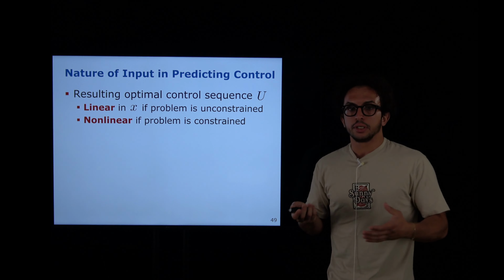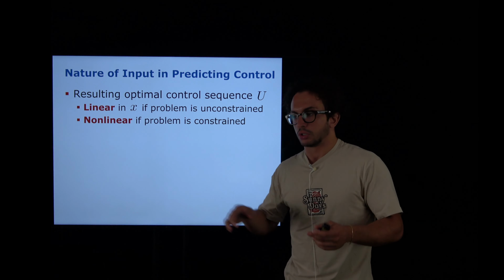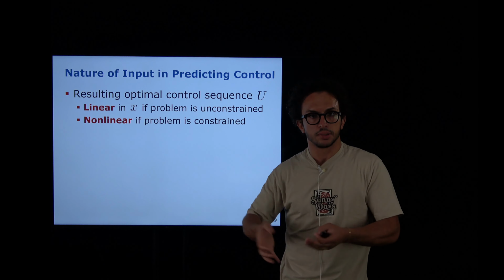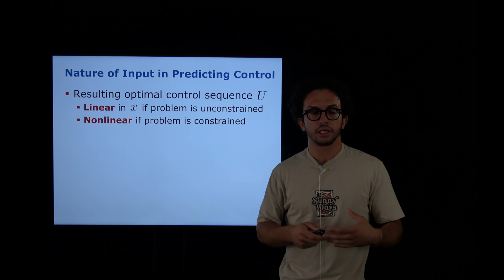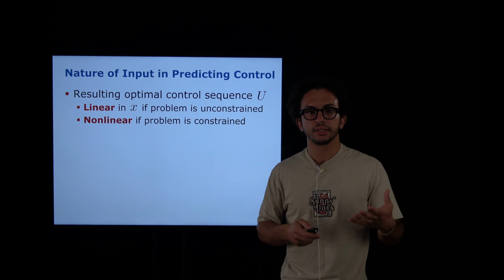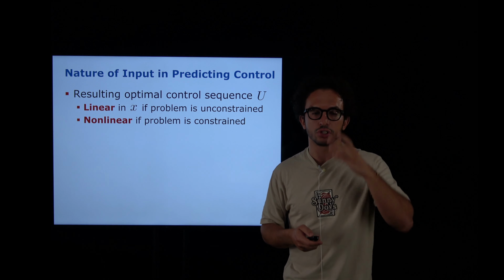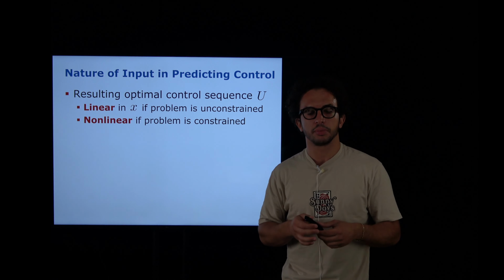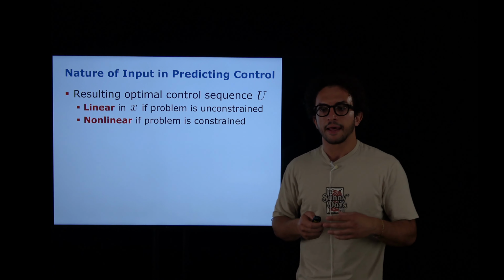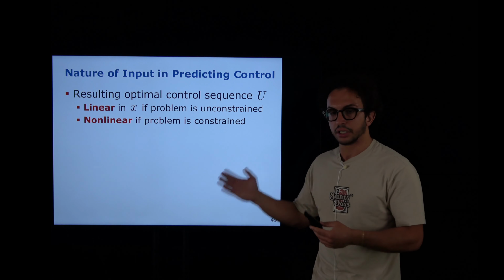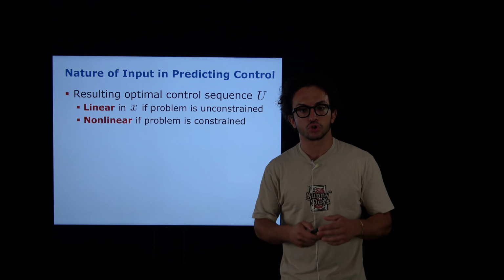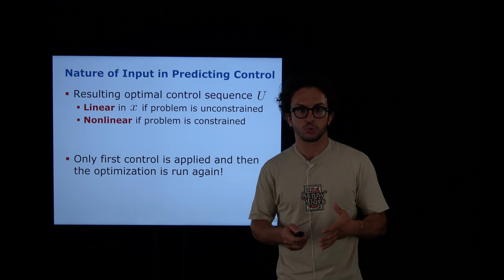The optimal control sequence that we get from this optimization in this bowl is linear in the state if the problem is unconstrained, and non-linear if the problem is constrained. And again, we are dealing with model predictive control, so remember, you apply the first one.